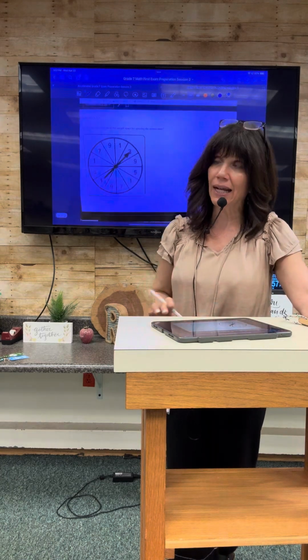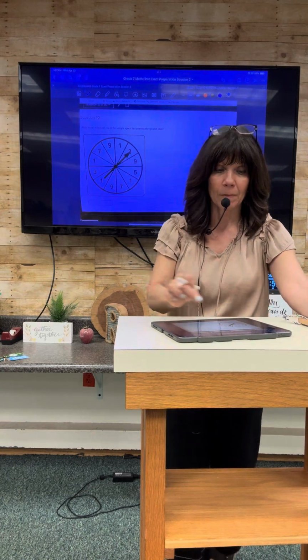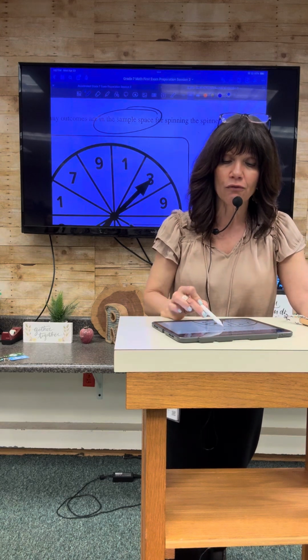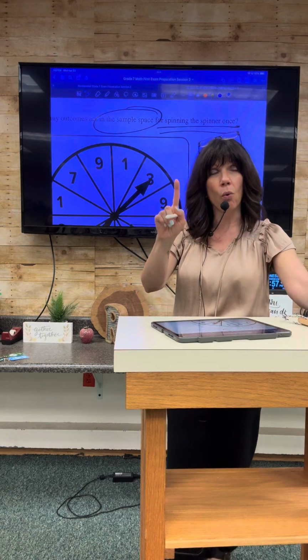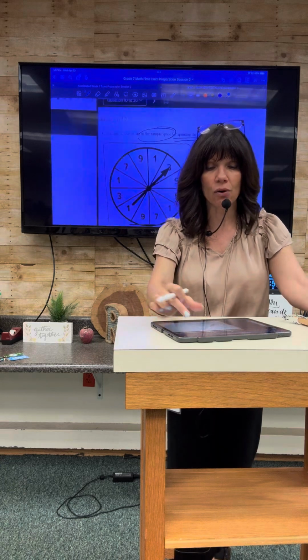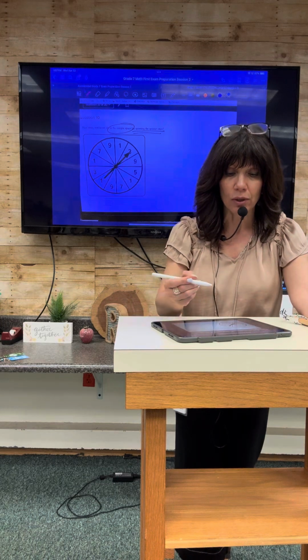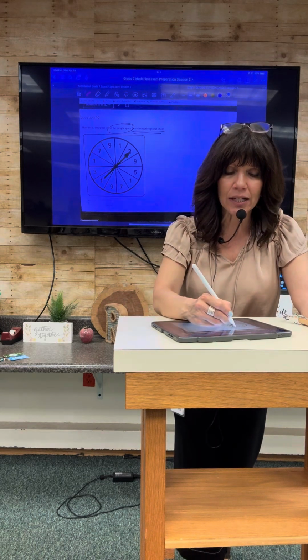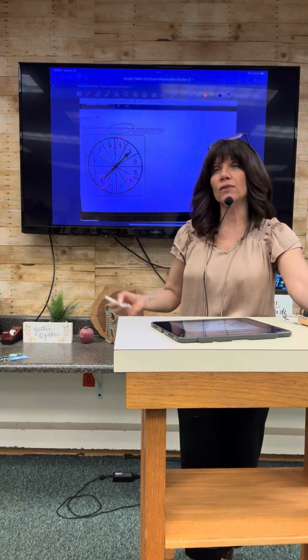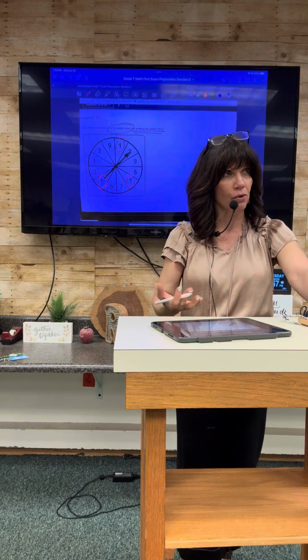Look at number 10 and then you guys will be set free. How many outcomes are in the sample space for spinning the spinner once? How many outcomes are in the sample space? Guys, this one is not that hard. They just want to know, for example, a 1 is here 3 times. So you would count that as 3 possible outcomes in the sample space.